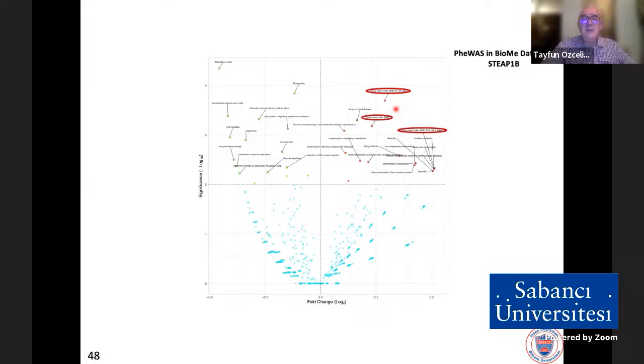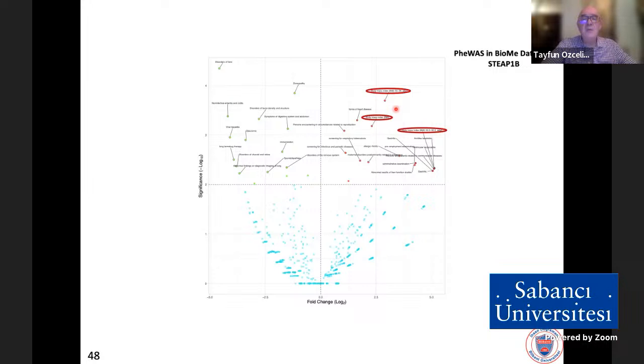These PheWAS analyses were conducted using the Mount Sinai population database, which is a restricted database, but because our collaborative study is with the people who have access to the data, we are capable of performing these phenotype studies. So this is a very encouraging result.